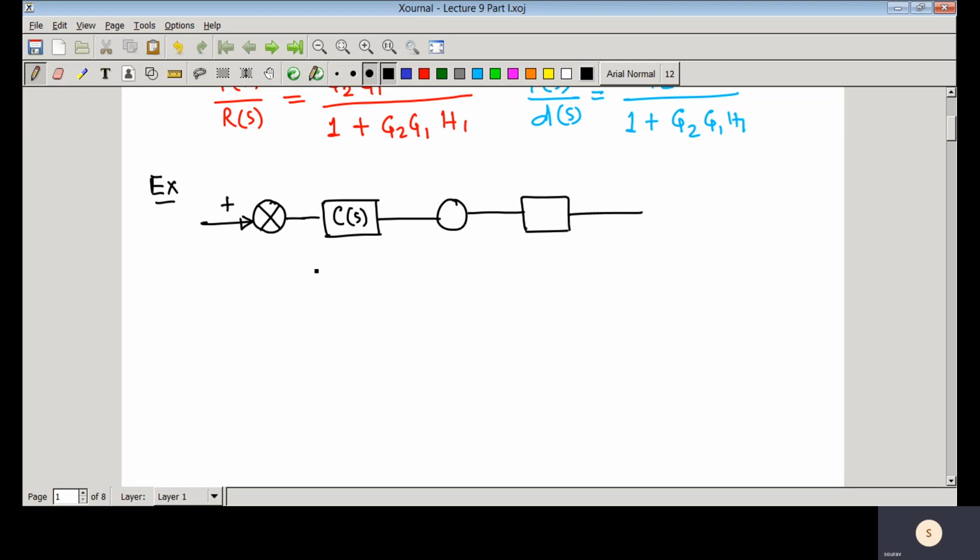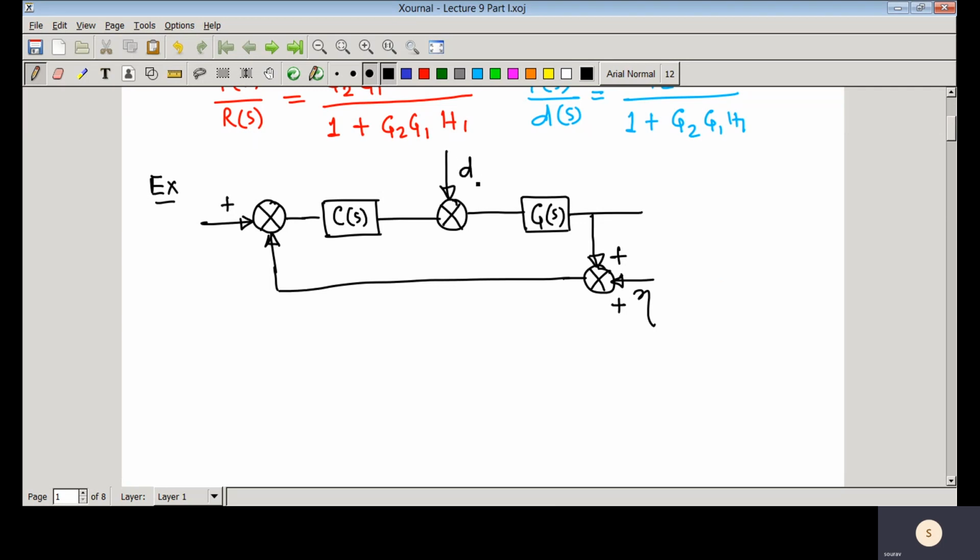So this is a simple block diagram of a closed loop control system, and here you can see that noise entering at feedback path. So this is that noise, and here you have that GS.